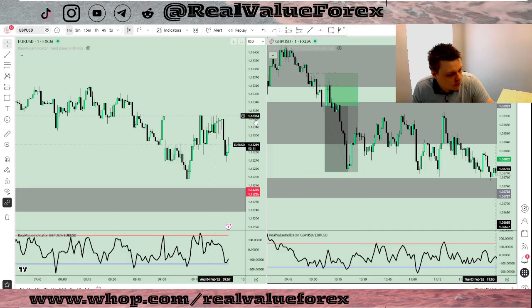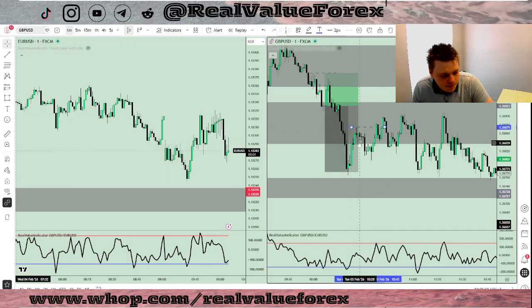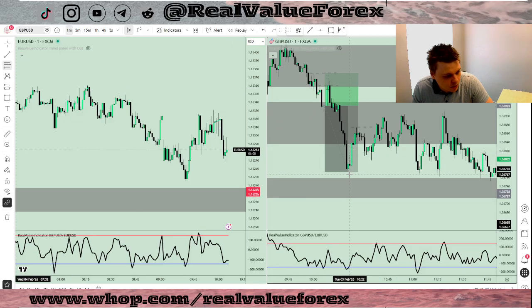So in here we shifted, we already broke order blocks, but we shifted in here, which means we can now draw Fibonacci from here to here.